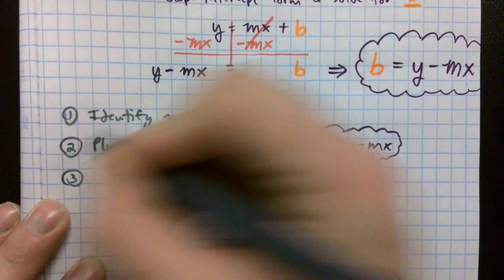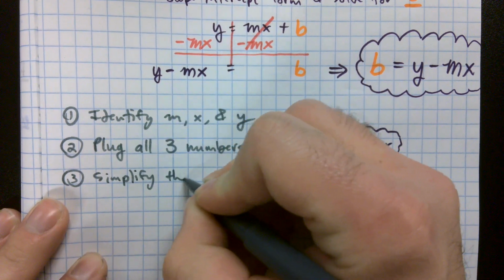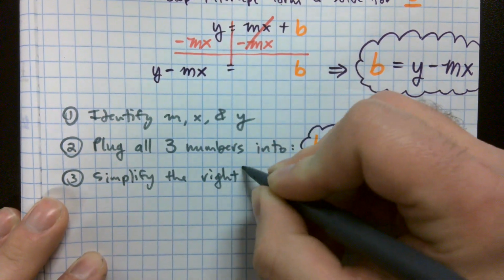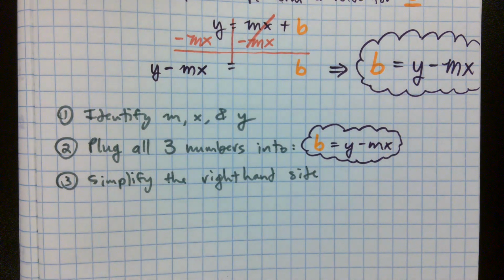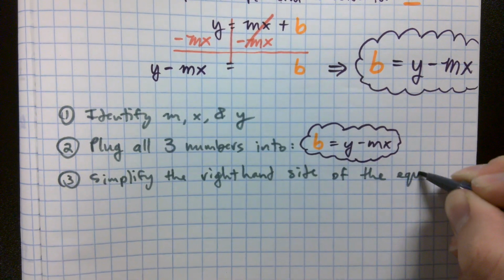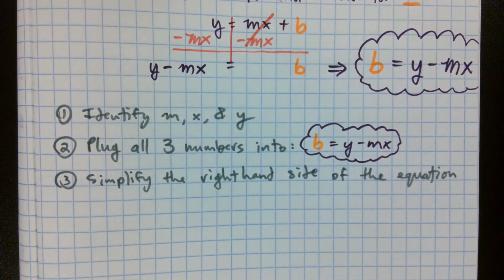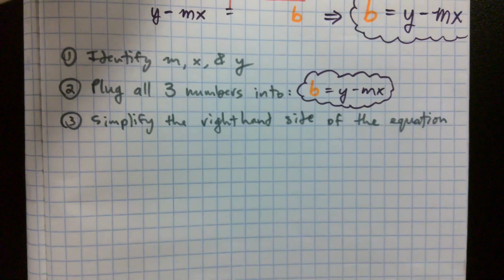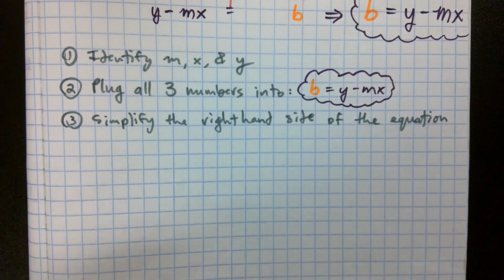Once you plug all those numbers in, you just got to simplify the right-hand side of the equation. So whatever our M is, we're going to multiply that by X, and then we'll subtract that product from whatever our Y is. It sounds complicated, but it's not. Trust me.